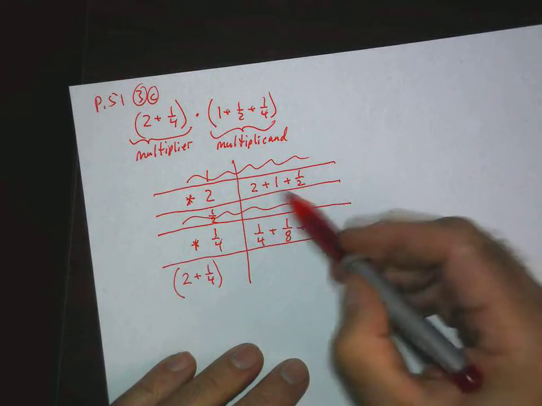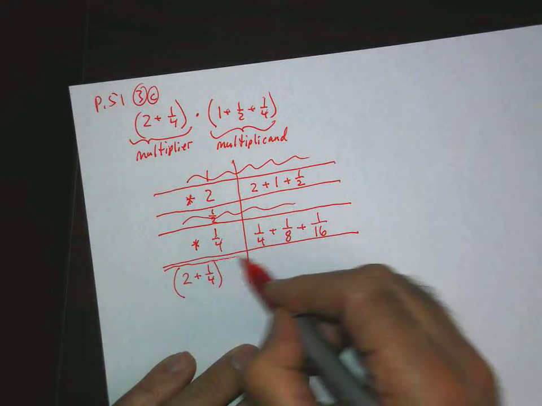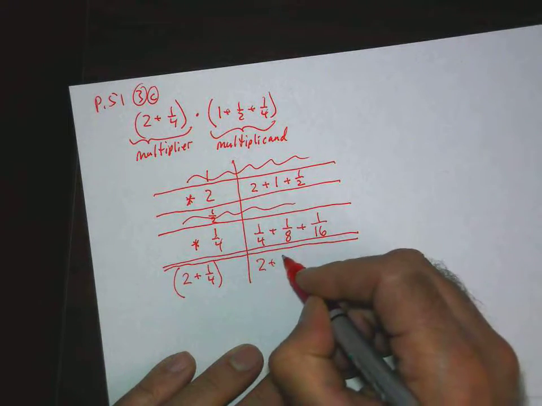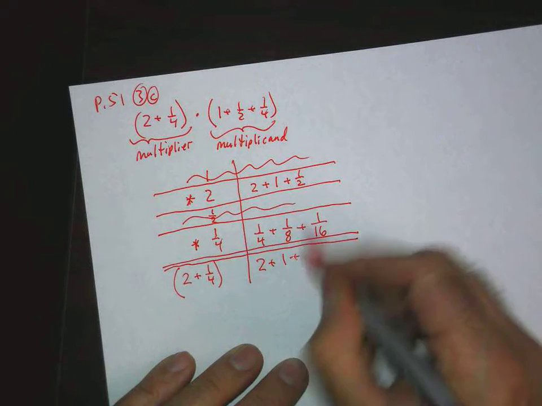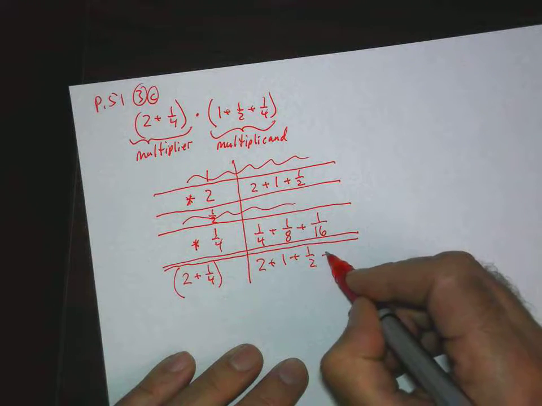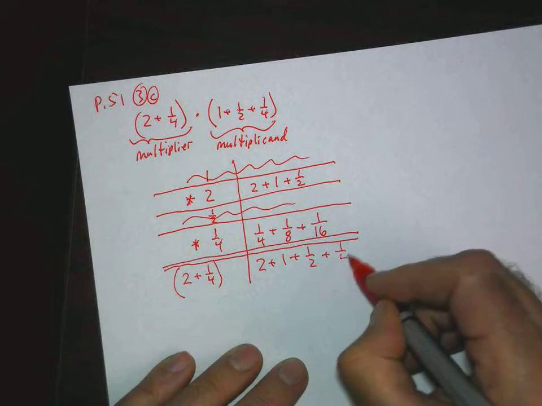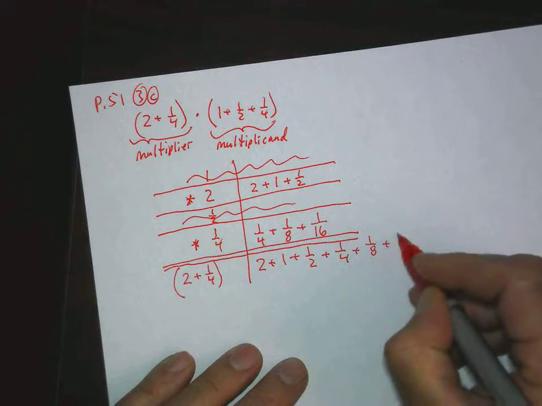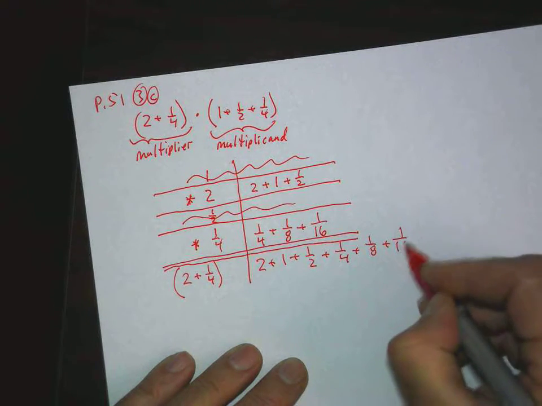Okay, we add them up. We add all of these things up, we get 2 plus 1 plus a half plus 1/4 plus 1/8 plus 1/16.